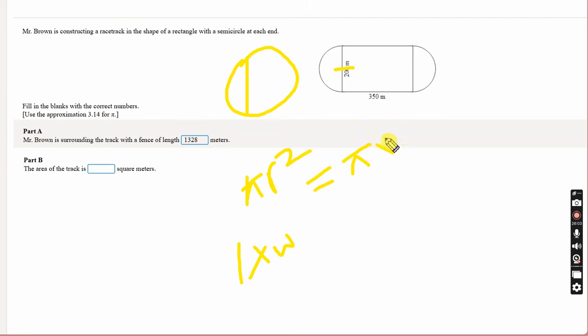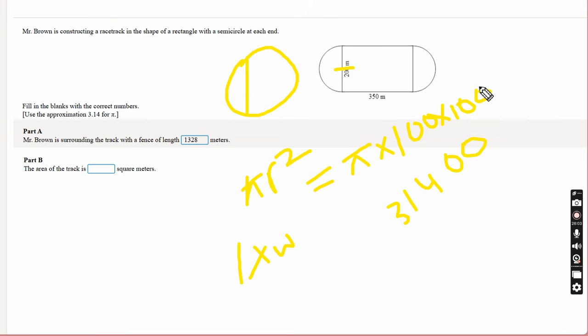So pi times 100 times 100. Okay, so this is the equation. So what is that? 3.14 times 100 times 100. What do you get? 31,400. That is the area of the circle. You have found the area of a circle. Now what's left behind?